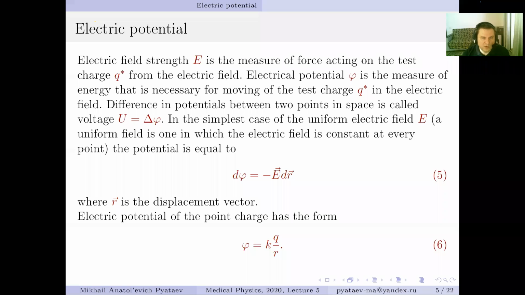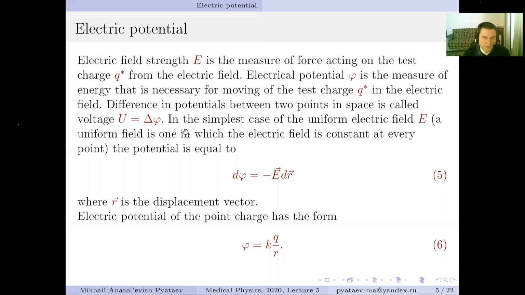And it is interesting that this work does not depend on the trajectory of the particle. It is characterized only by the initial and final points in space. The fields for which this is valid are called potential fields.